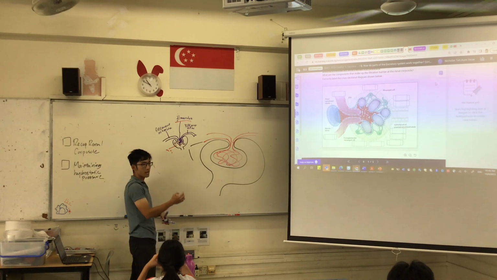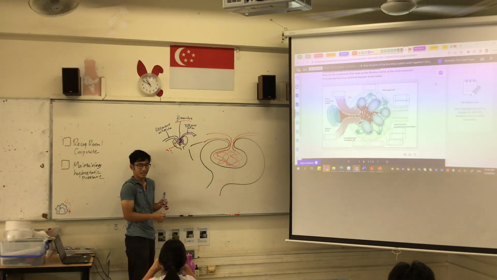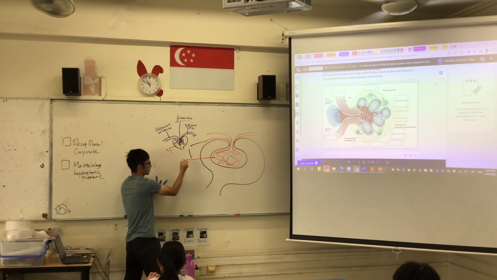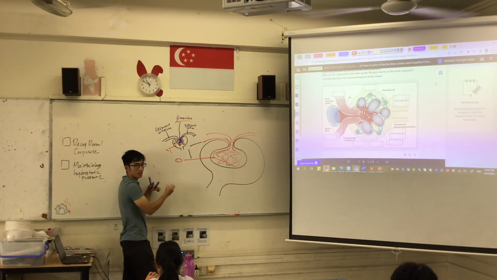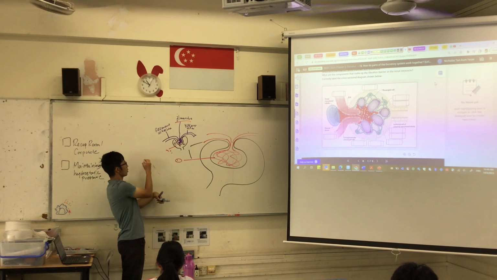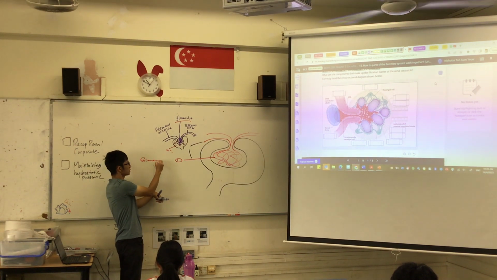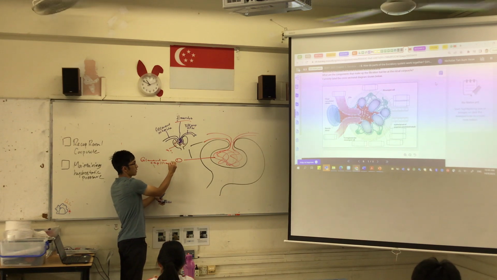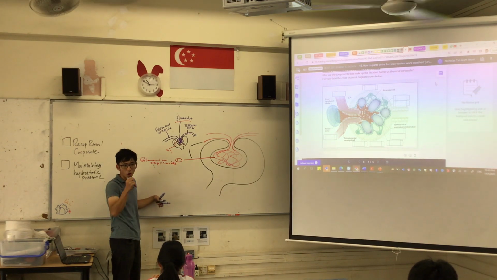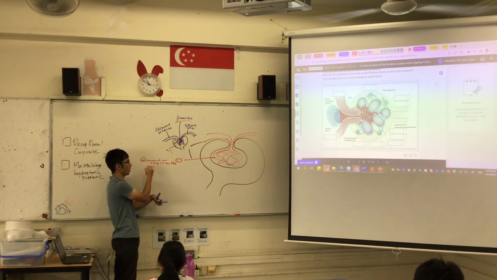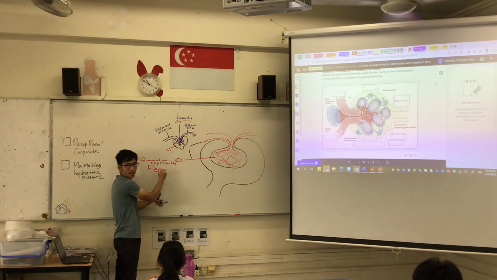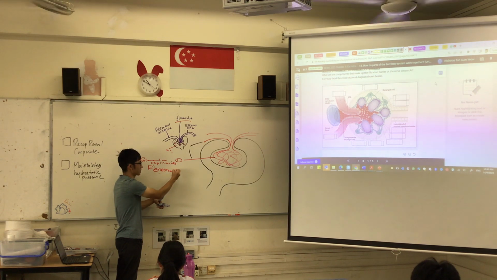Okay, what are the layers of filtration that we learned yesterday? Filter number 1, the blood vessels. Remember? The glomerular capillary have holes. What do we call those holes? Start with F. Fenestrations.